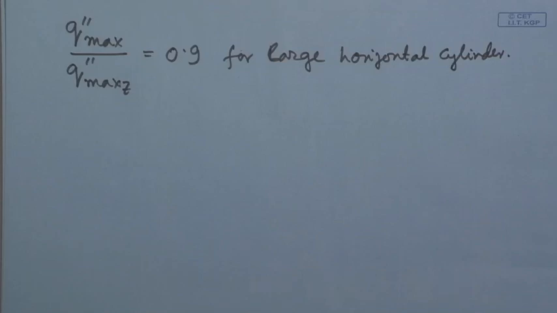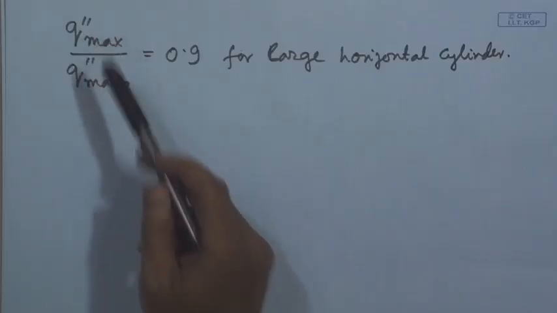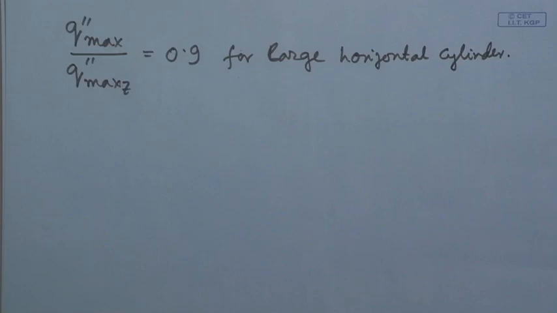So, this is some sort of workable method for determining critical heat flux, and in different books or handbooks one can get this q max double prime divided by q max Z double prime for different surfaces, which can be used as and when required for design or analysis purposes.